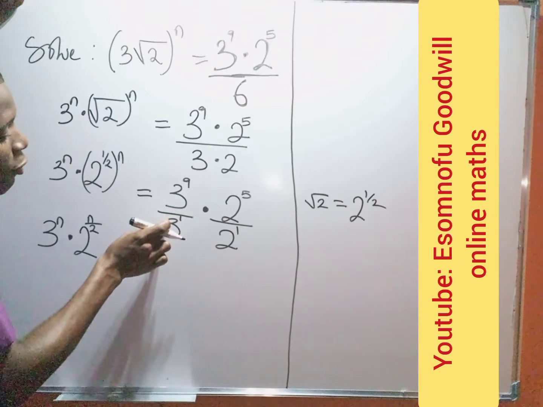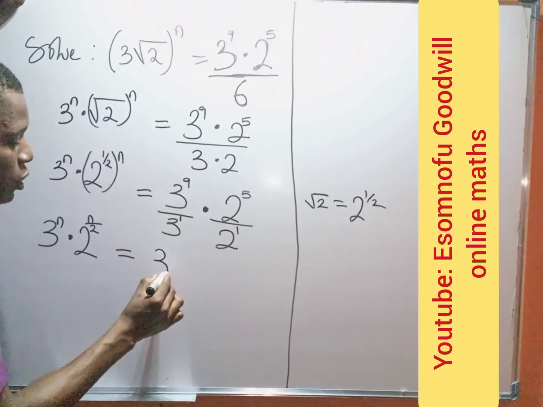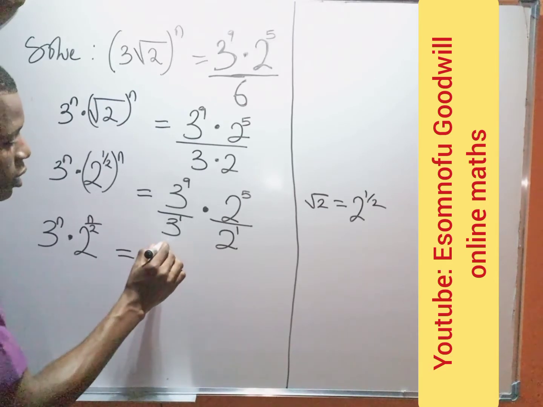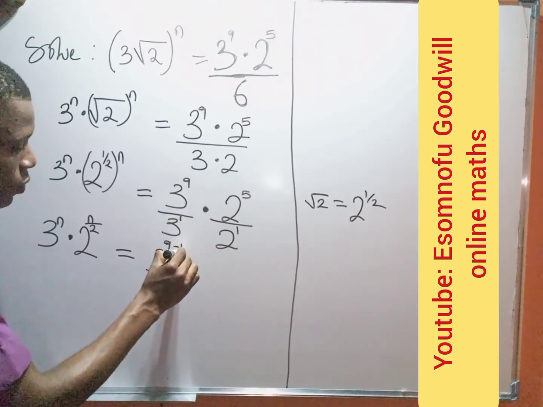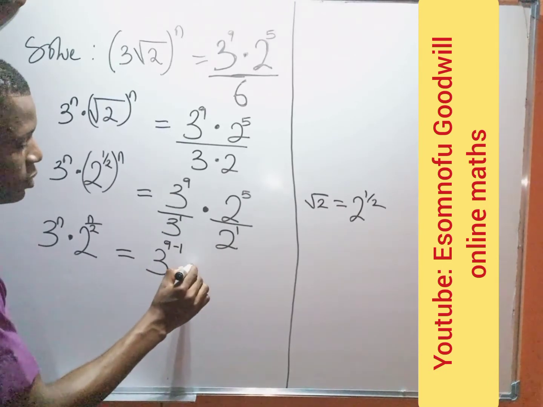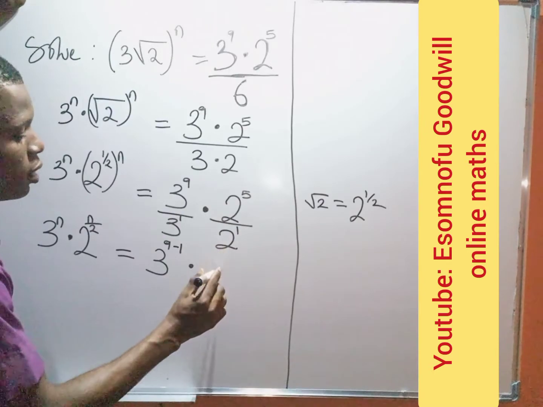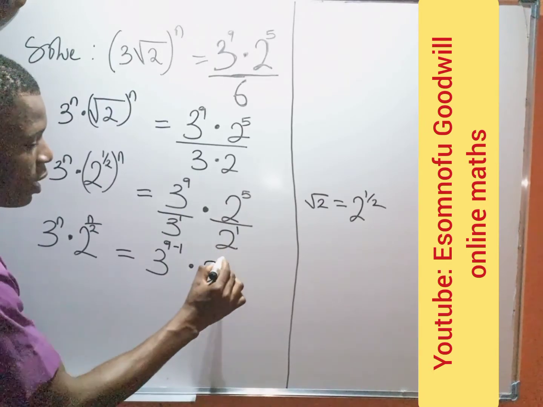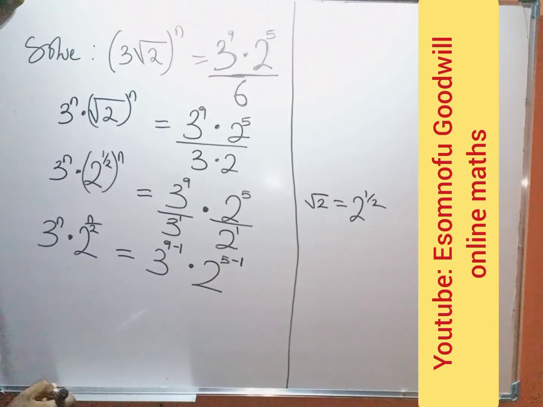Since they have equal base 3, we just subtract their powers, so 9 minus 1, times, with the same base 2, 2 raised to the power of 5 minus 1.